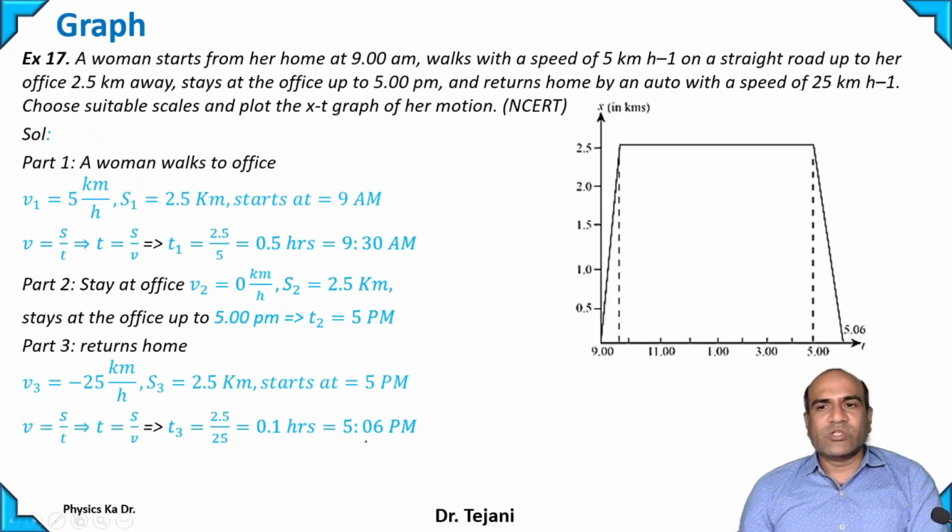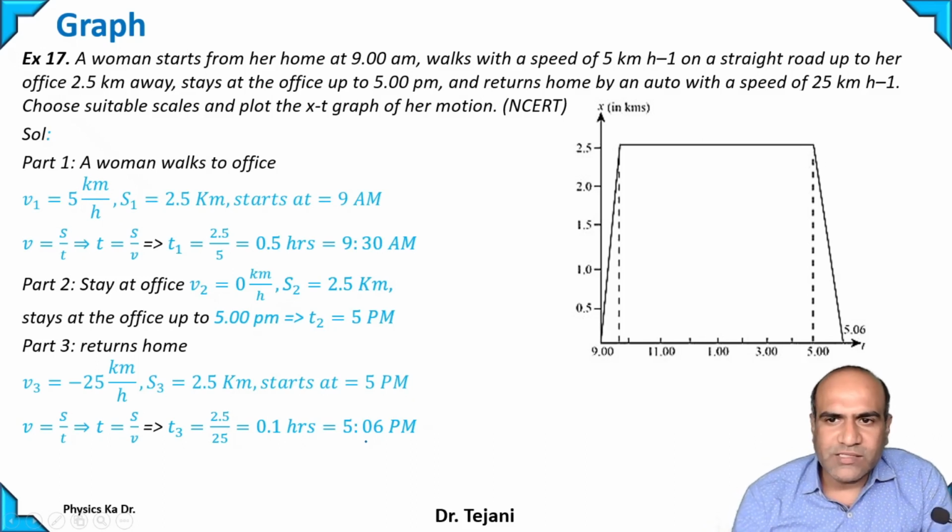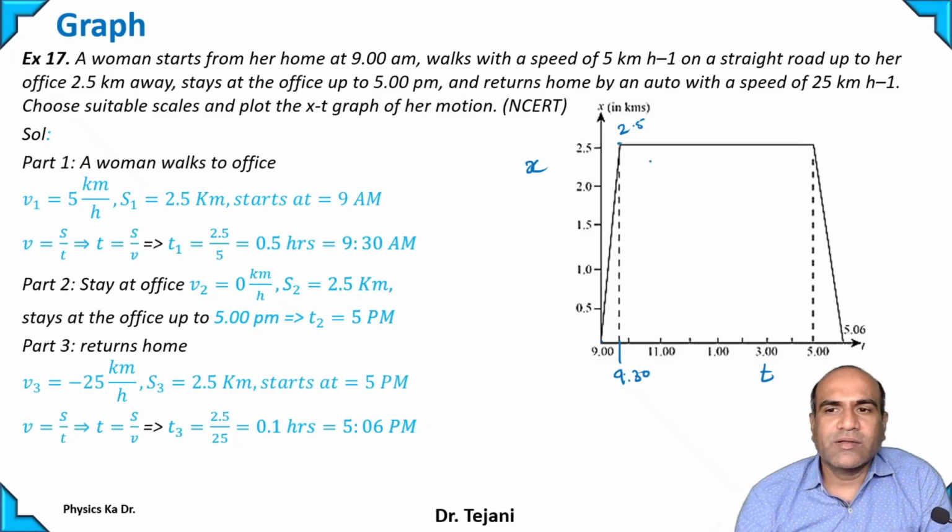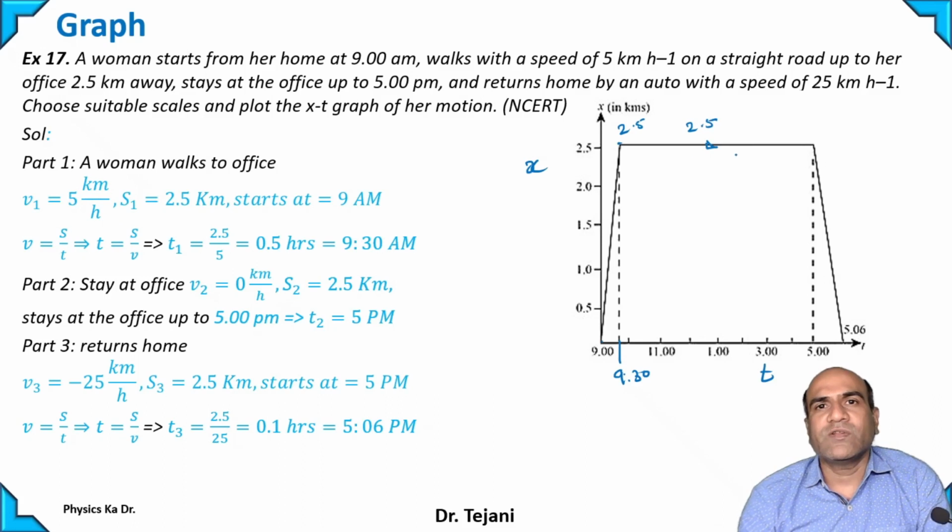Wow, great. So let's draw it. Here this is the x axis, this is time. From 9 to 9:30 she starts from 0 and walks 2.5 kilometers. Then she stays at the office, so 2.5 should be constant up to this region.